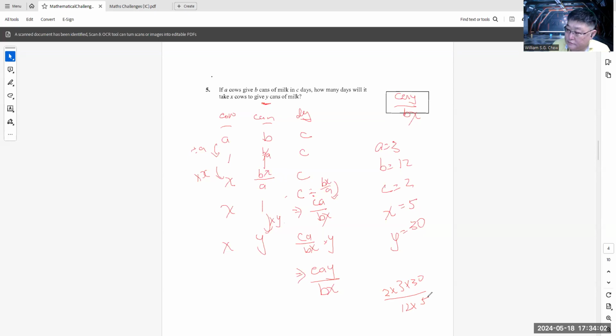What do you get? 60. All right, so 180 divided by 60. Same answer as question 2.